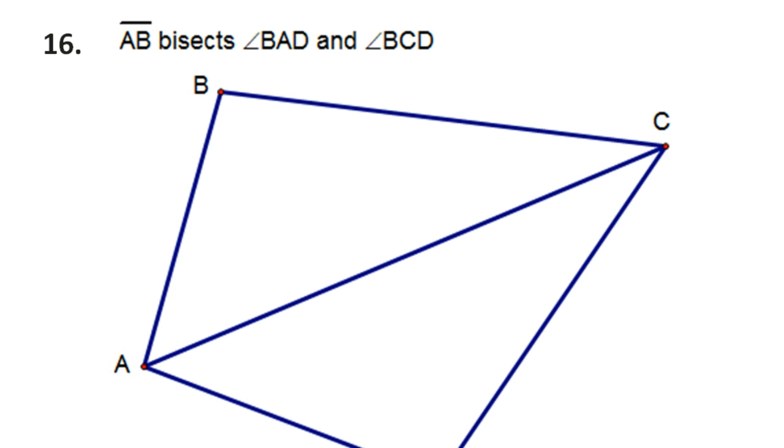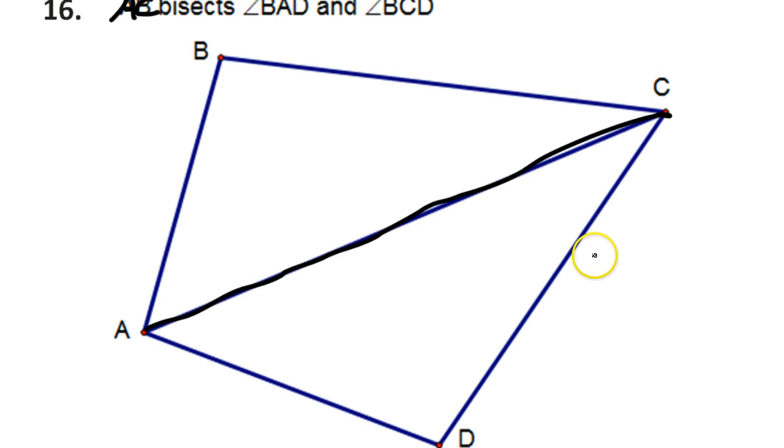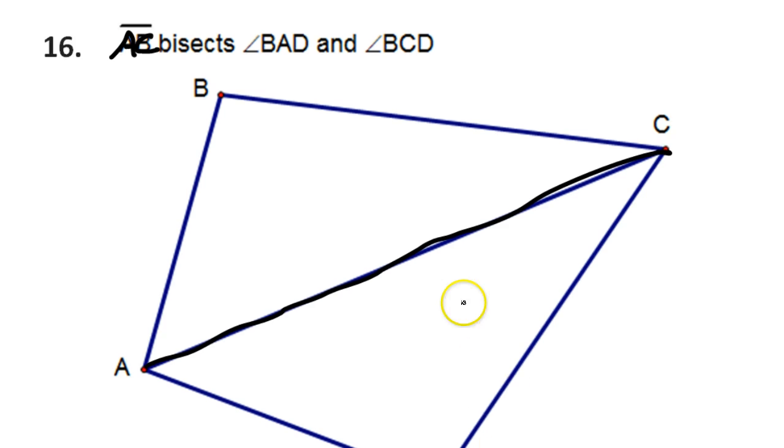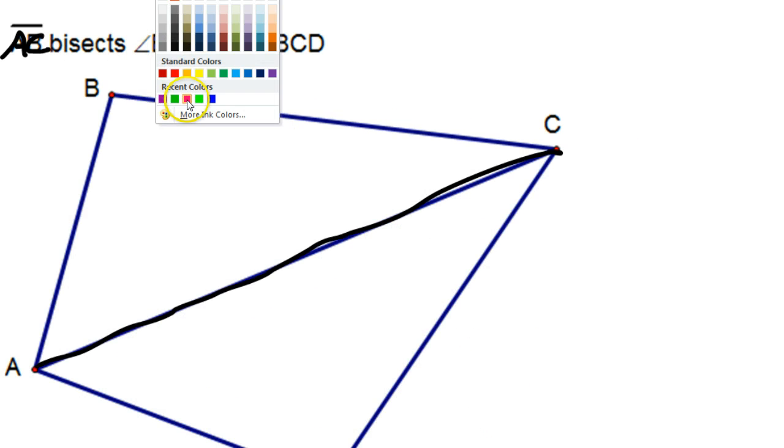I think this is a typo. I think they meant to say that AC bisects. Okay, I'm pretty sure that should be AC bisects BAD and BCD. That would make more sense. Okay, so let's go with that.